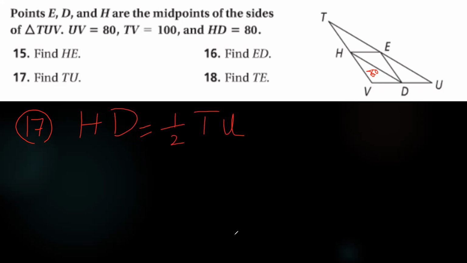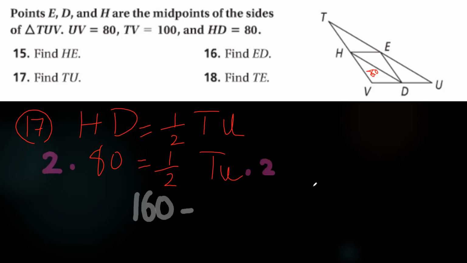So 80 is half of TU. Then, as we said yesterday, multiply both sides by 2. 160 equals TU.